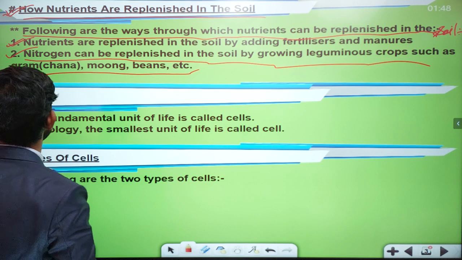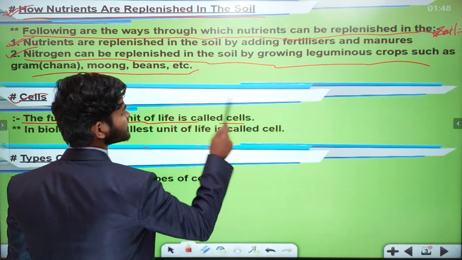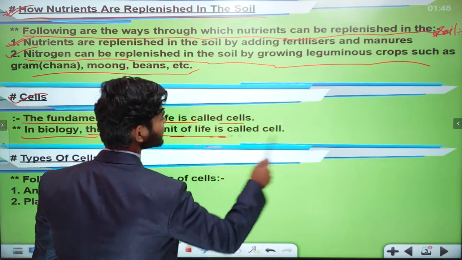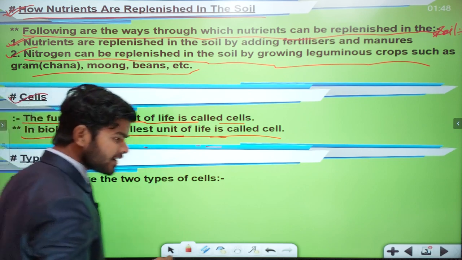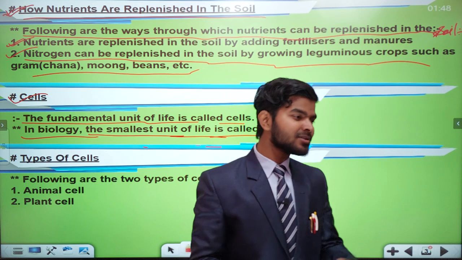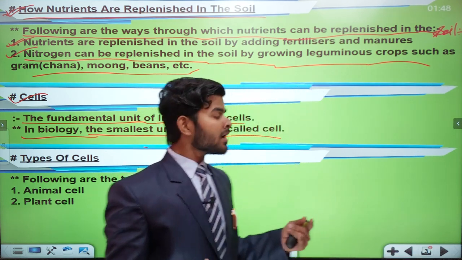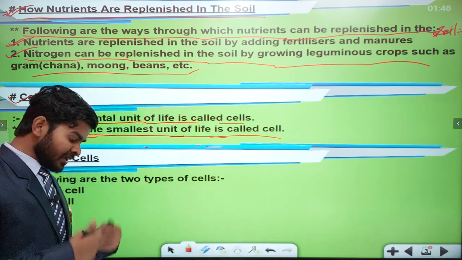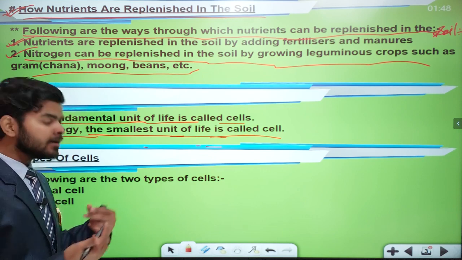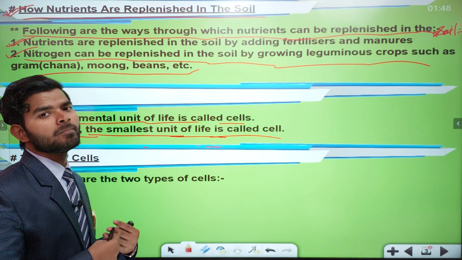If someone asks, you can tell the definition: the fundamental unit of life is called the cell. Another thing in biology, the smallest unit of life is called the cell. You have learned some SI units of particular physical quantities. But what is the unit of our life, what is our body actually made up of?